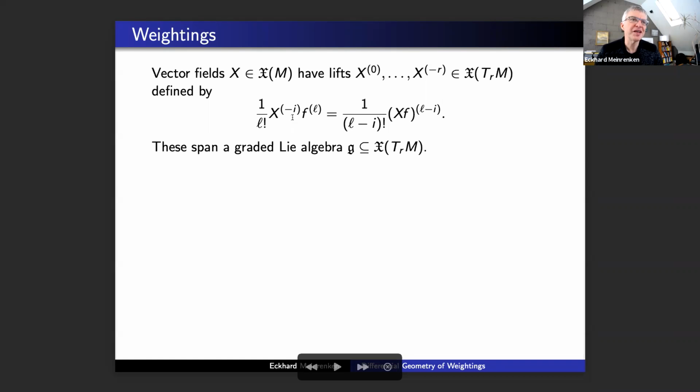If I take the negative ith lift of x applied to the lth lift of f, it's the vector field applied to f, lift l minus i. So it just goes well with the homogeneities, and these factorial factors in front you can pretty much ignore. So x0 is some vector field which, as I said, is called the tangent lift.